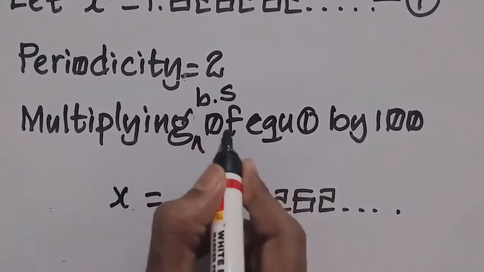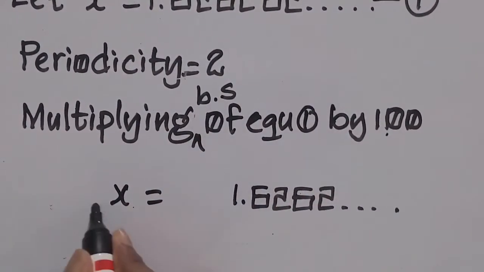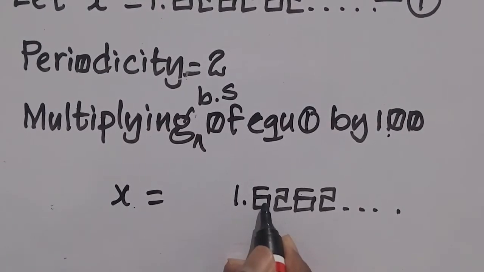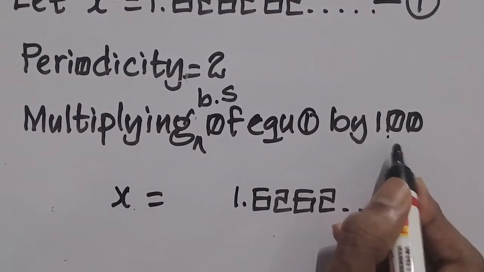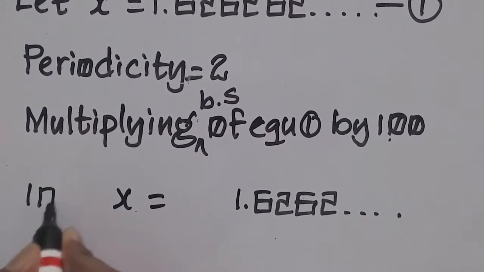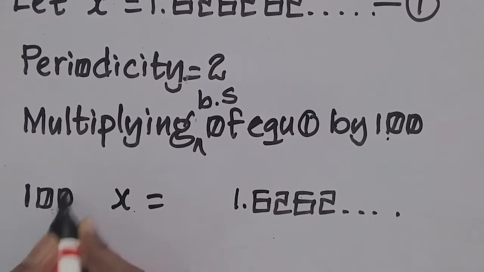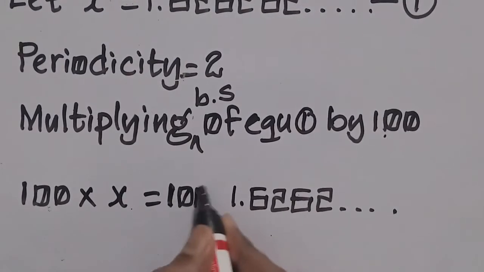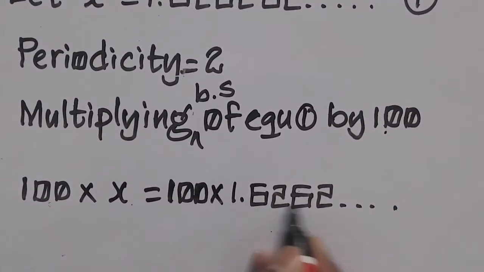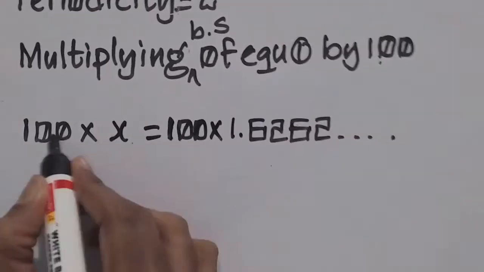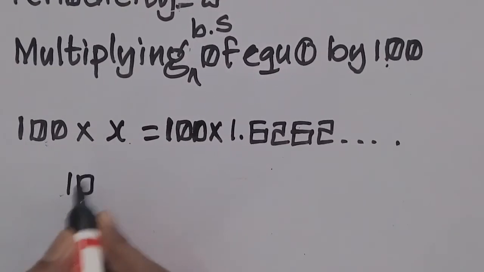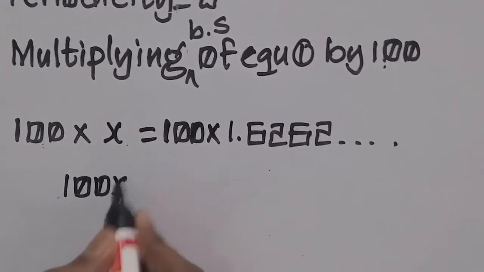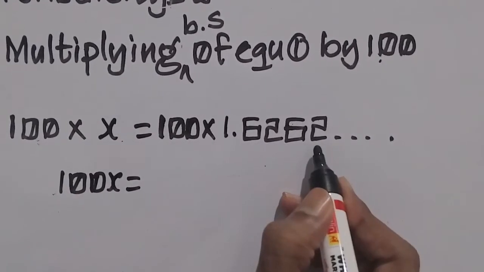Multiplying both sides of equation 1 by 100. Both sides means left hand side and right hand side. We multiply 100 into x, and on the RHS also 100 into 1.6262 and so on. 100 into x is 100x. The LHS is easy, but what about the RHS?